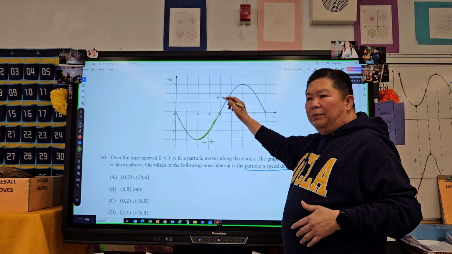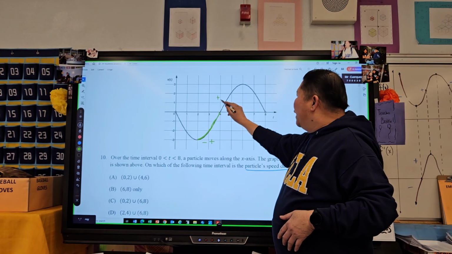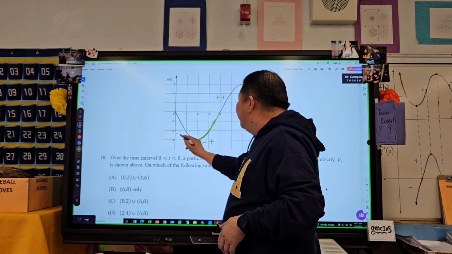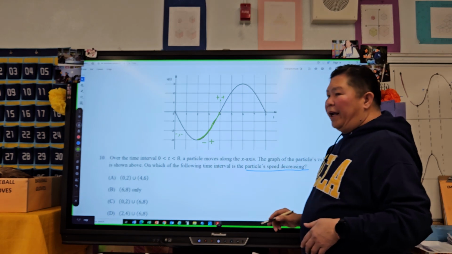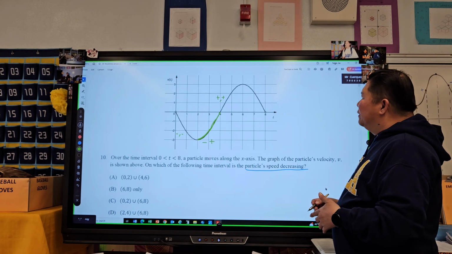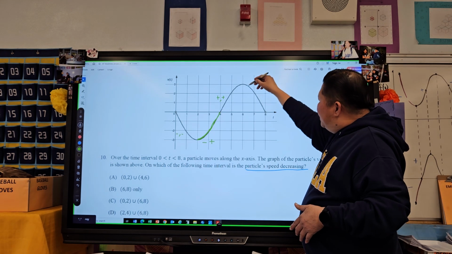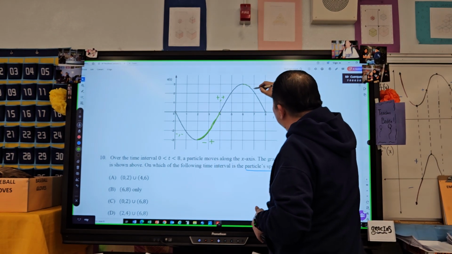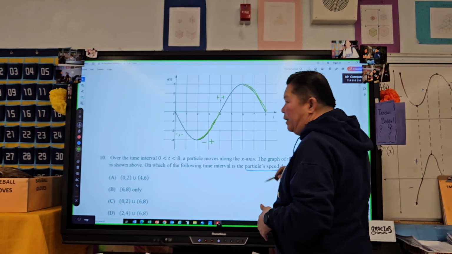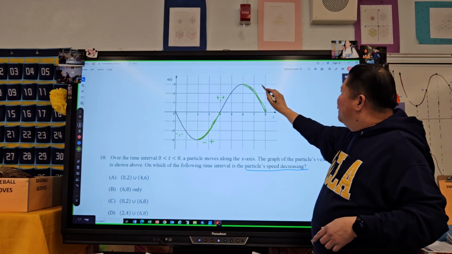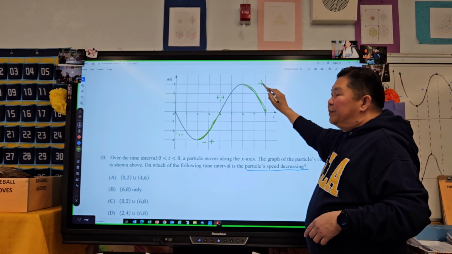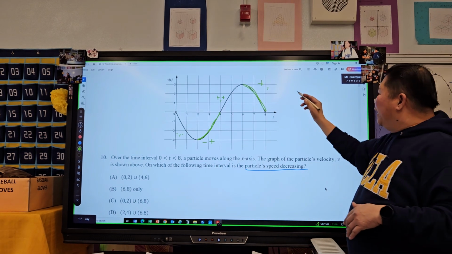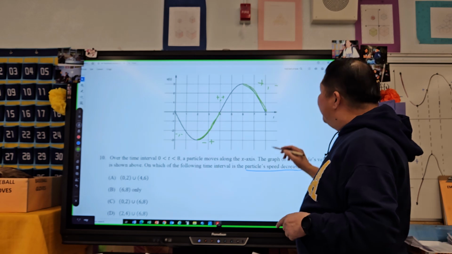Up also, so both are positive, while the previous one were both negative. Then next, we have the interval from 6 to 8. What is the velocity? Velocity is positive. How about the acceleration? Negative.